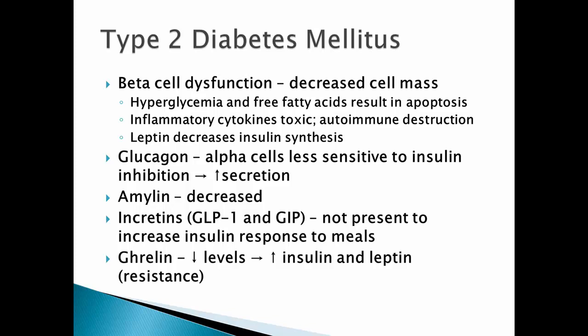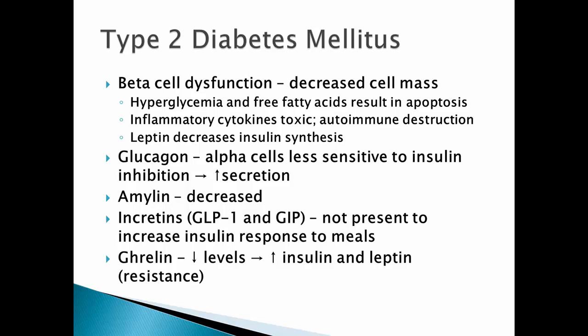The inflammatory cytokines are toxic, and we also believe there is a role of autoimmune destruction that also causes a decrease in the cell mass, and those beta cells do not work as well. Last but not least, leptin is present, and it decreases the insulin synthesis.